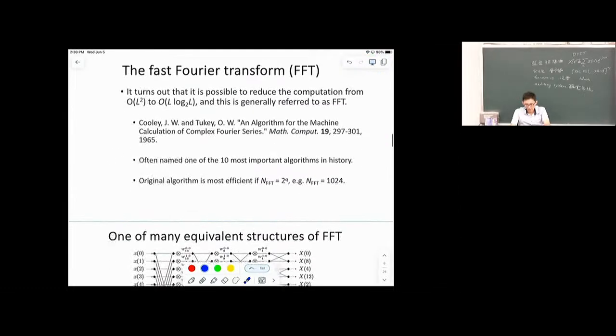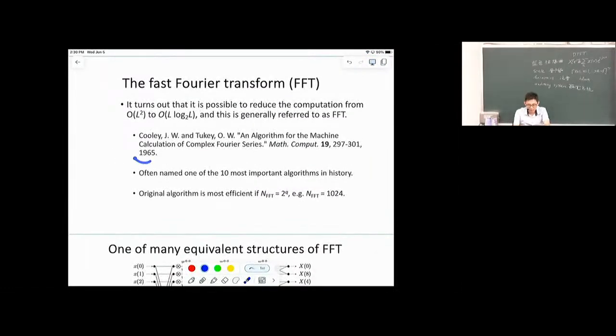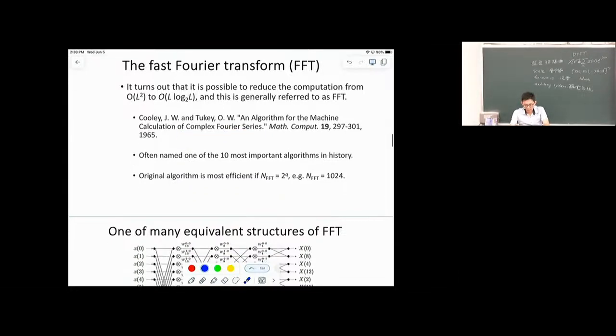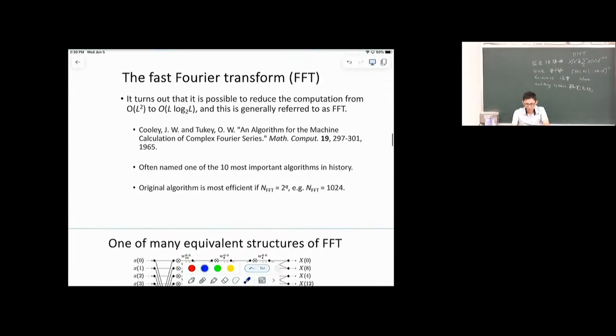And it turns out that in the year 1965, Cooley and Tukey, these two authors, discovered an algorithm for calculating what they call complex Fourier series. They successfully reduced the computation load from L squared to L log 2L.